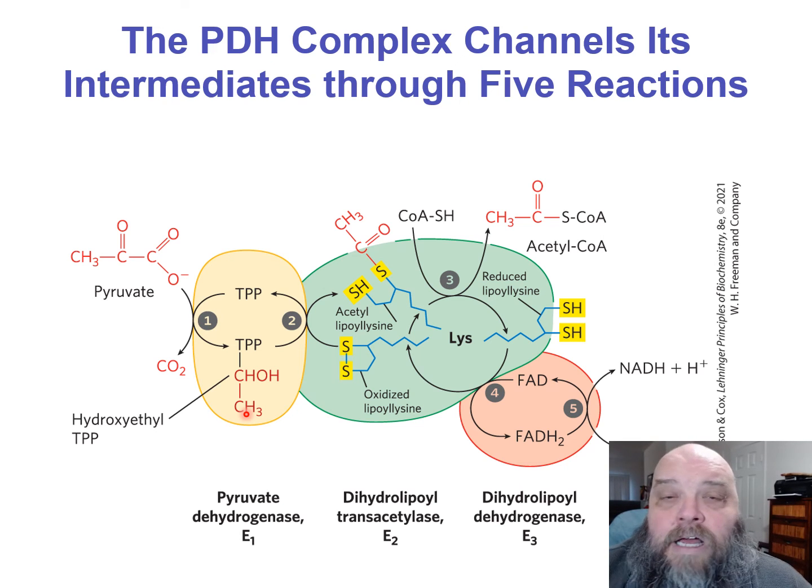It can easily get lost in the mix, so you have to have something here that's going to take it and move it to the next enzyme, dihydrolipoyl transacetylase. Okay, it is then picked up by lipoyllysine, becomes acetyl-lipoyllysine. It's transferred here to another, transferred to another, transferred to another, and then it's released, acetyl-CoA.